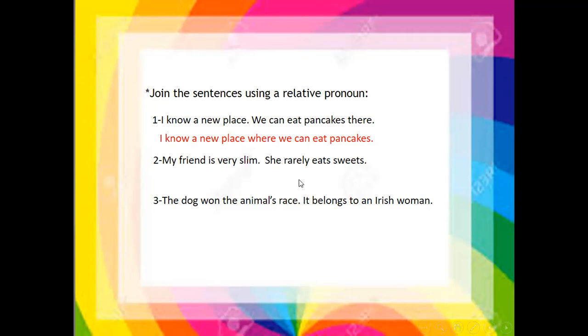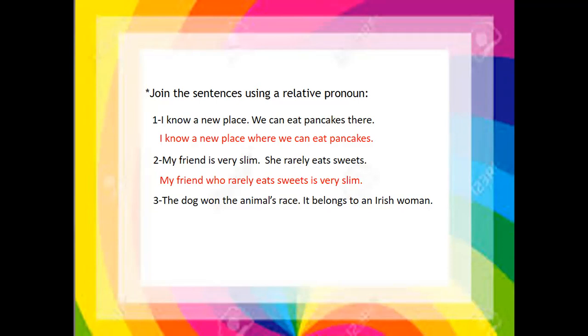We omit it. الاسم المشترك الثاني بنلغيه. Who rarely eats sweets, and then we come back to the first one to complete it, is very slim. So, my friend who rarely eats sweets is very slim.